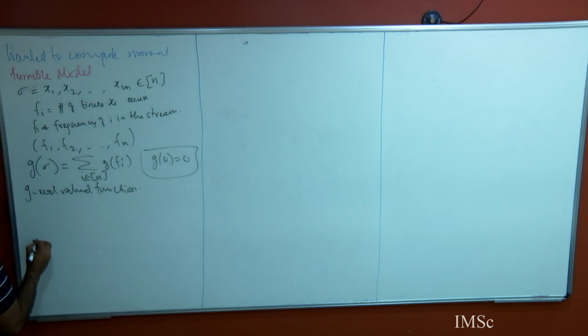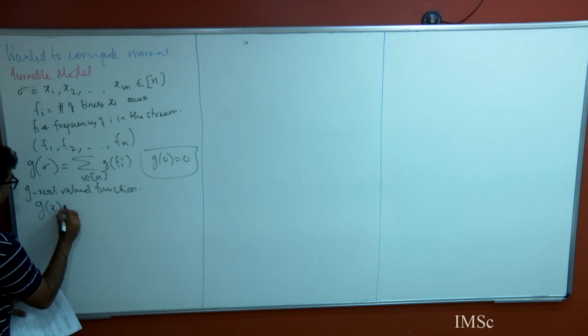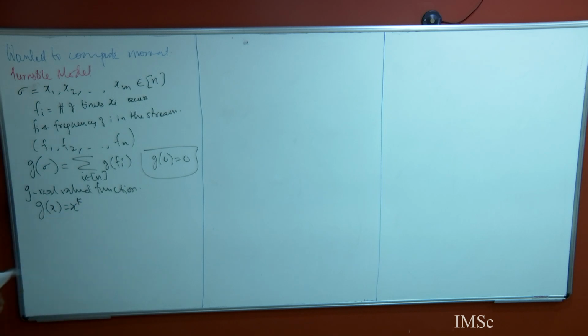Notice that if g of x equals x to the power k, then this is nothing but the kth moment, because g of fi will be fi to the power k, and that is what we are trying to compute.